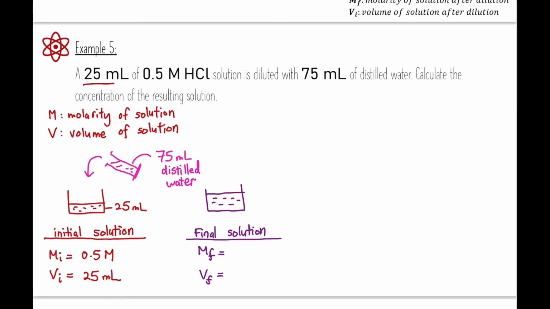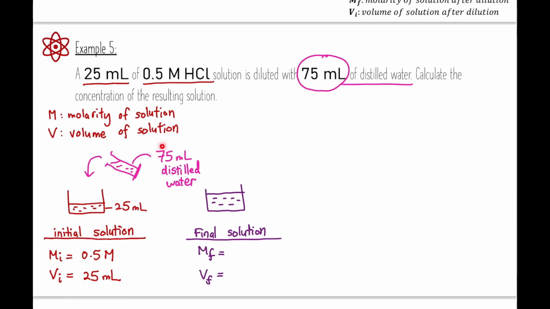A 25 ml of 0.5 molar HCl solution is diluted with 75 ml of distilled water. Calculate the concentration of the resulting solution. As you can see here, the initial concentration is 0.5 and the initial volume is 25 ml.